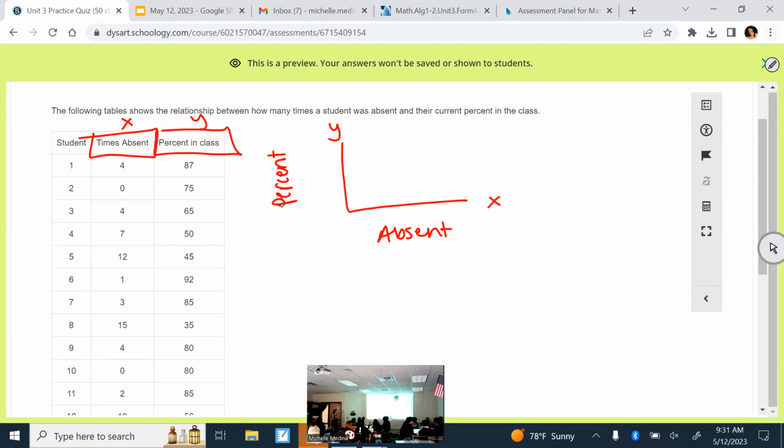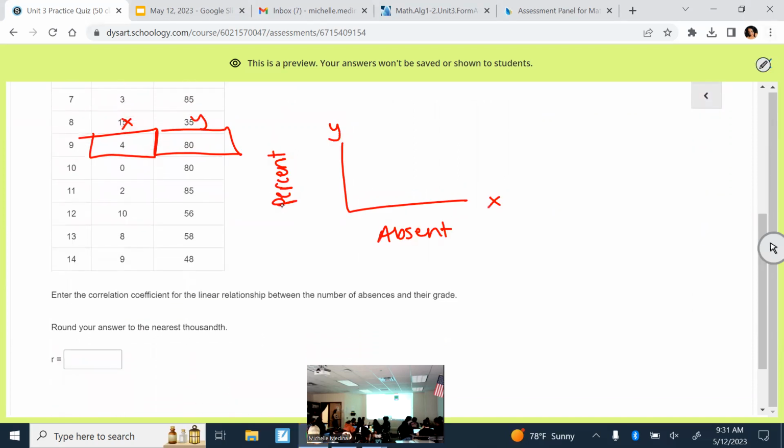When we scroll down, it's gonna mess up my writing, but it's fine. For this one, you're supposed to enter the correlation coefficient. So your correlation coefficient, what letter do we use for that? R. Your R value is always between what 2 numbers? So it's from -1 to +1, depending on how strong or weak it is, and whether it's positive or negative.